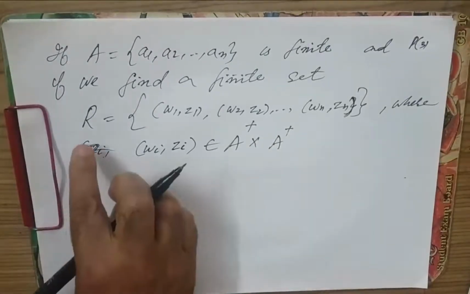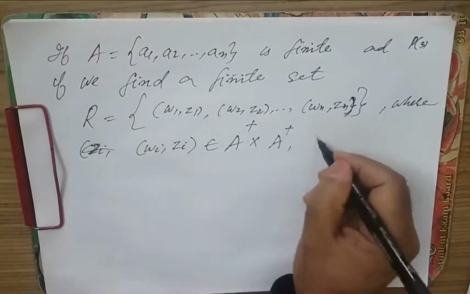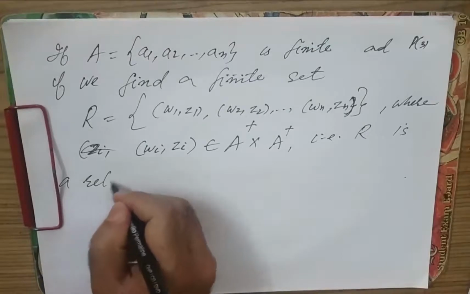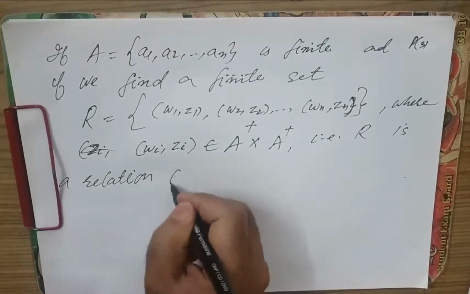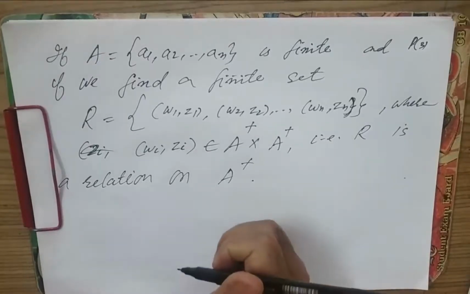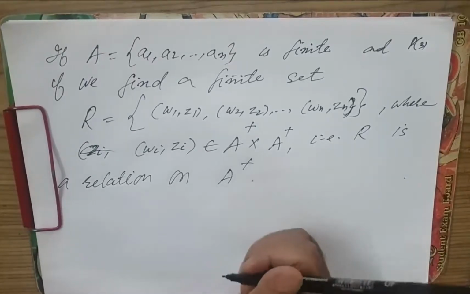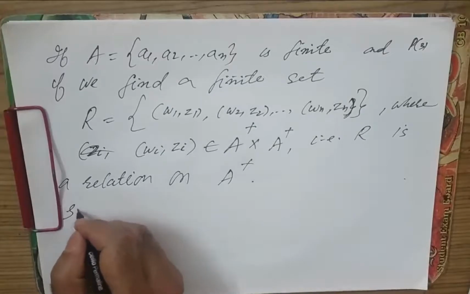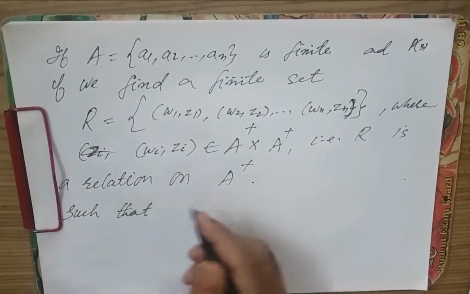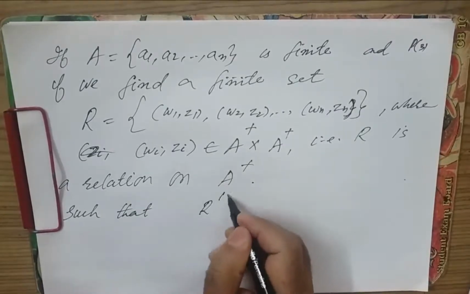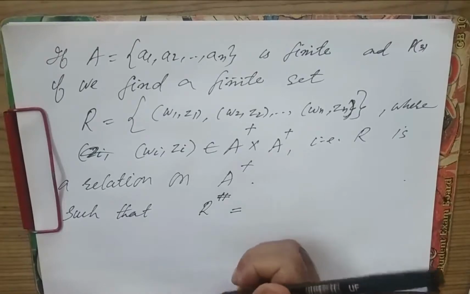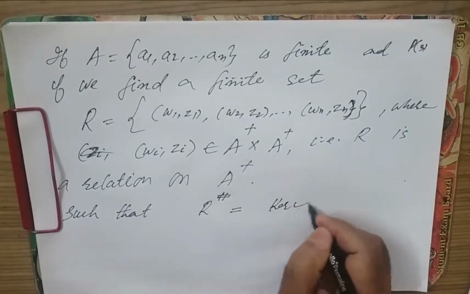So that means this R is a relation on A plus, because it is a subset of A plus cross A plus. Suppose this relation has the following property: R sharp, meaning the smallest congruence containing R, is equal to the kernel of psi. What is psi? It's already defined.